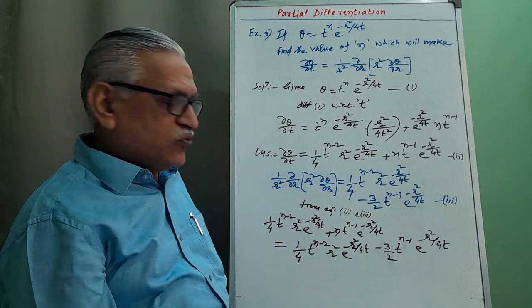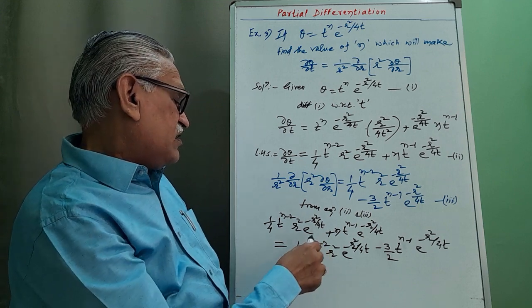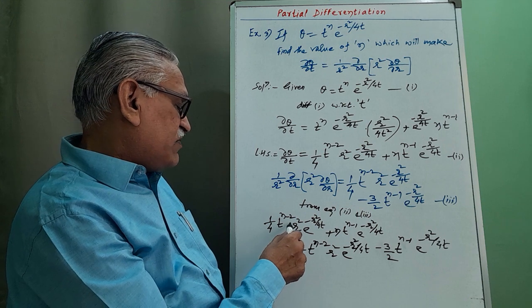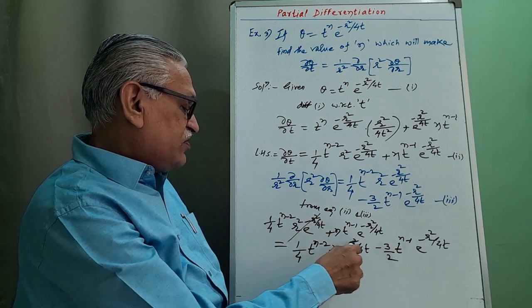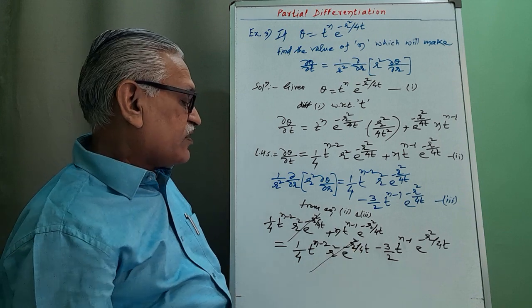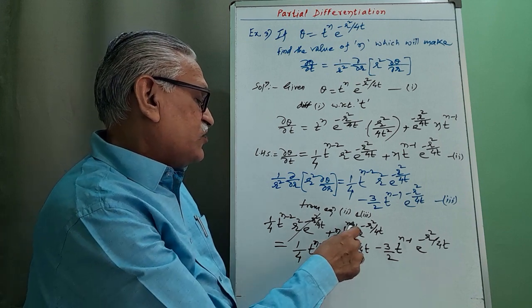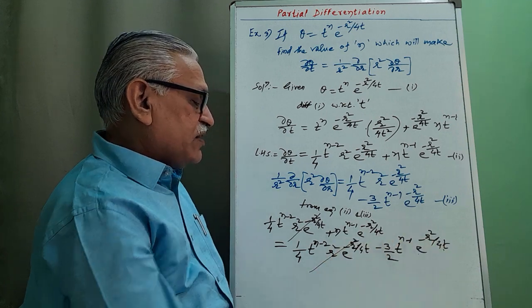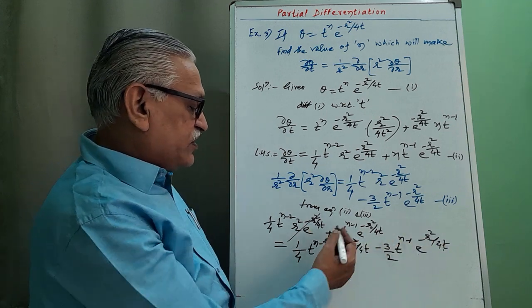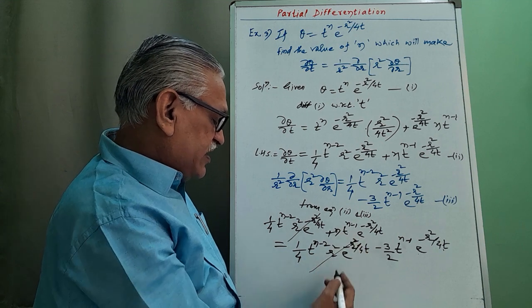Therefore, comparing these two sides, 1 by 4 t raised to n minus 2 r square e raised to minus r square cancels with this same term, t raised to n minus 1 e raised to minus r square by 4t, same term. Therefore, comparing the coefficient of this term is n.